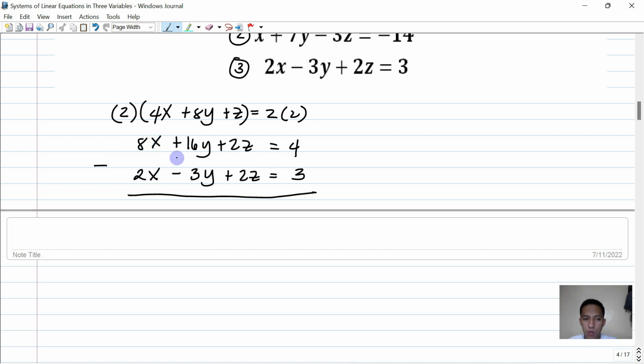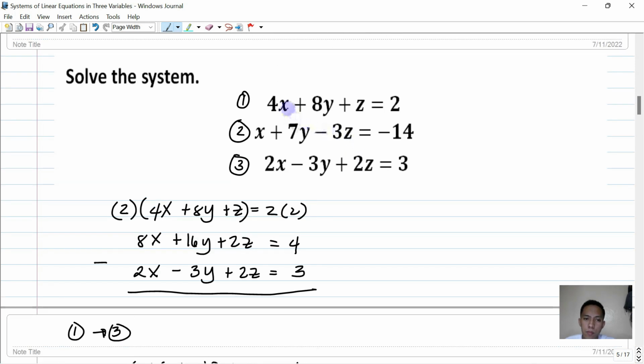So 8x minus 2x, that is 6x. Okay, so 16y minus negative 3y. So that is positive 19y. And we have 2z minus 2z, 0 yon. And we have 4 minus 3, that is 1. Okay? So, etong equation, na buo natin siya by combining equation 1 and 3. Okay, equation 1 and equation 3.